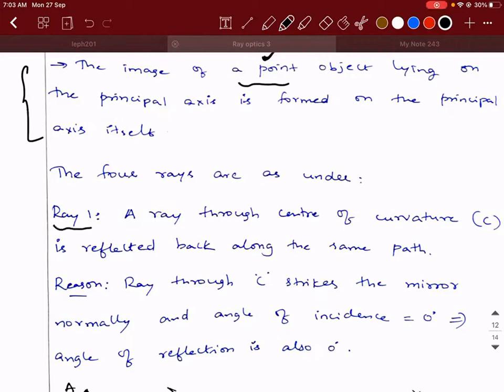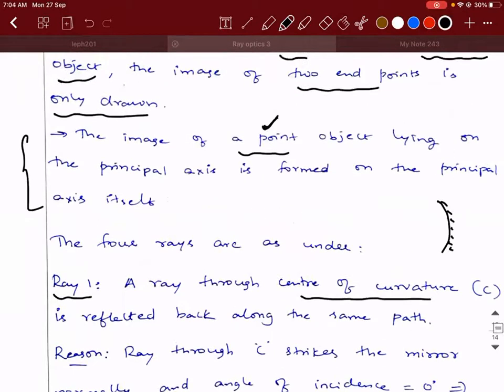So first one, if you consider a ray through the center of curvature, then what will happen? The ray is reflected back along the center of curvature itself. You guys know this fact. But what is the reason for it?